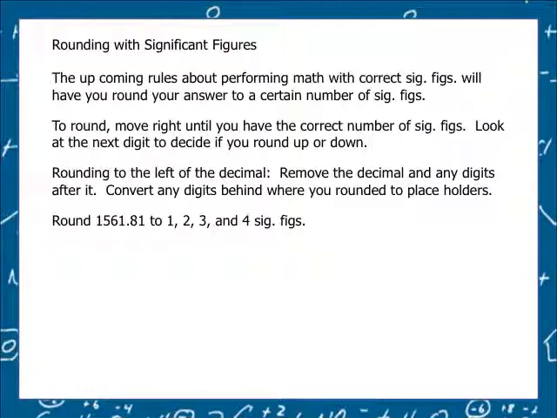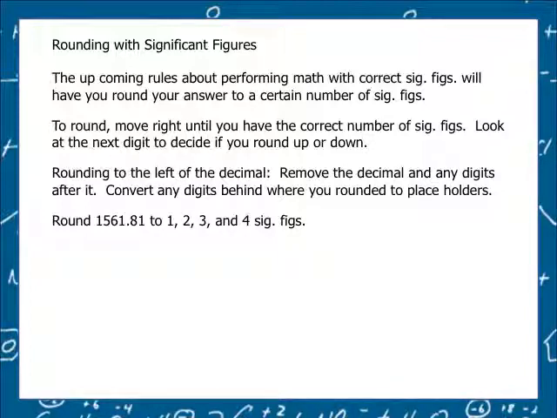So we're going to look first at rounding to the left of the decimal. When you round to the left of the decimal, we're going to be dropping off the extra digits that we don't want to be significant, but the key thing is we're going to replace those dropped digits with placeholder zeros because we still need to keep our value the same size.